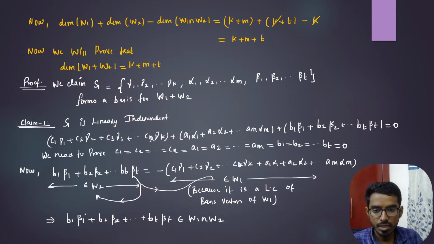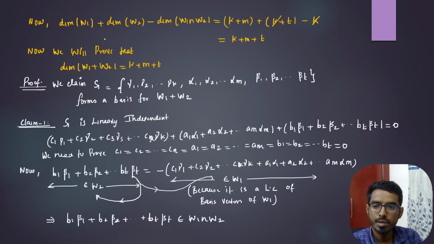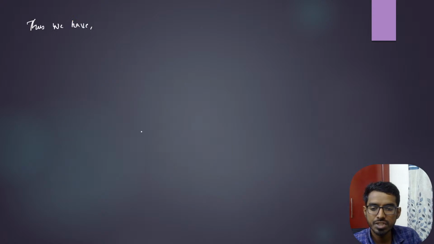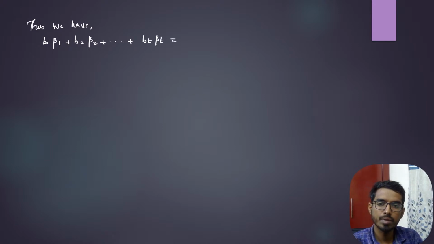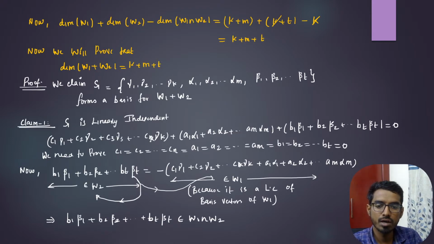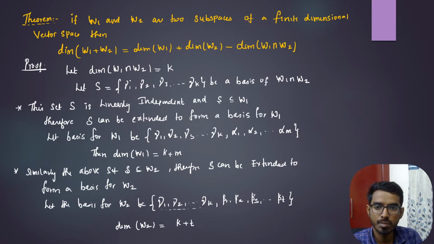Thus, this vector can be expressed as a linear combination of basis elements of W1 intersection W2. That means b1 beta 1, b2 beta 2 and so on up to bt beta t can be expressed as a linear combination of elements of W1 intersection W2.